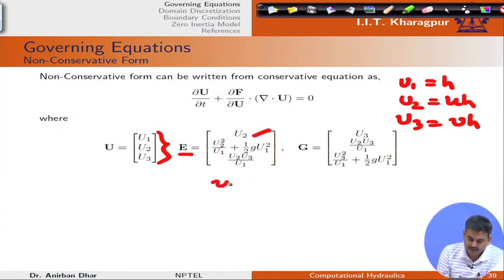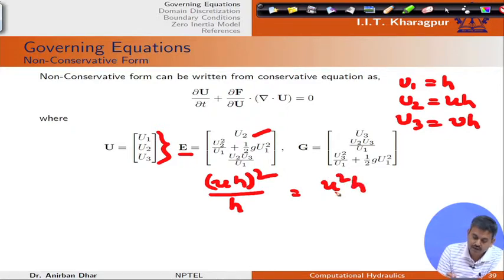This is U square H, that is U2 square divided by H. So, like that I have converted all the terms for this E and G in terms of U1, U2 and U3.